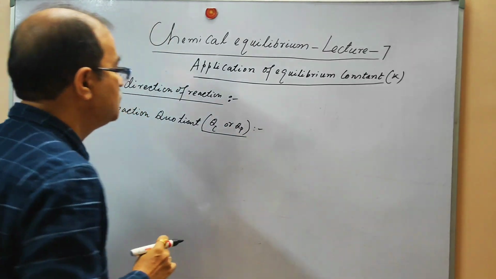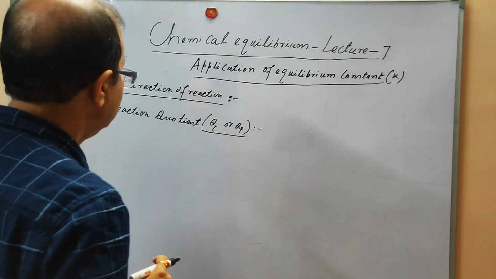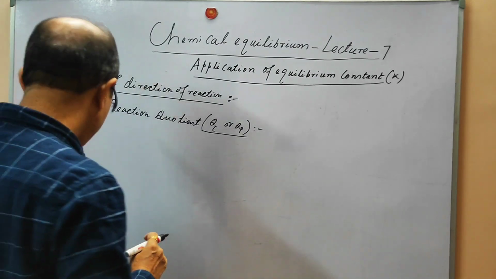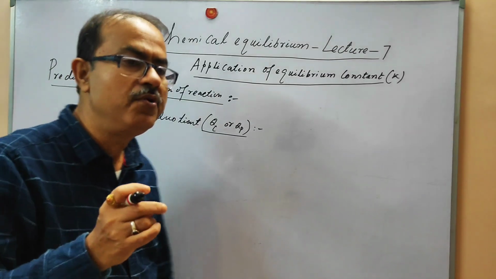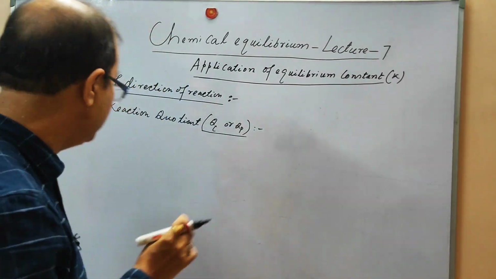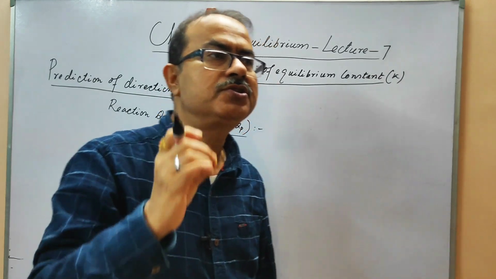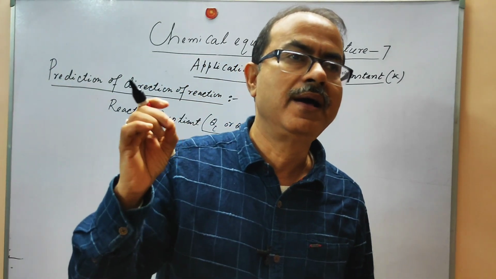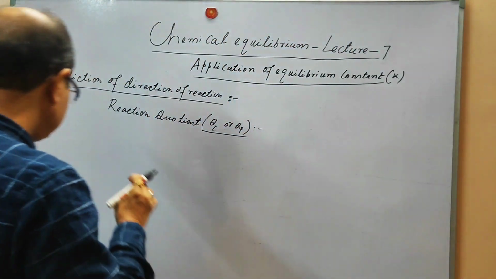Two types of reaction quotients we will understand. How do we calculate the reaction quotient? It is calculated the same way that we calculate the equilibrium constant, but the difference is that the concentration or partial pressure terms are not at equilibrium; they can be at any time.